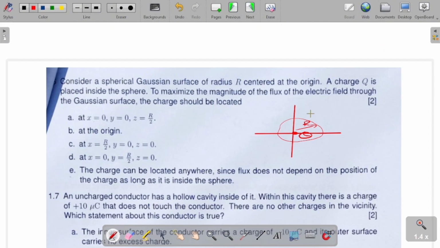What is your answer, guys? Where should we locate Q such that we have more flux coming out? Where should we place it?